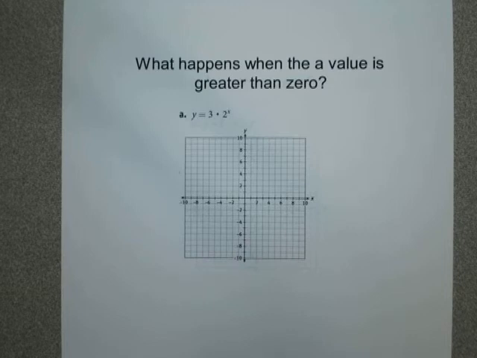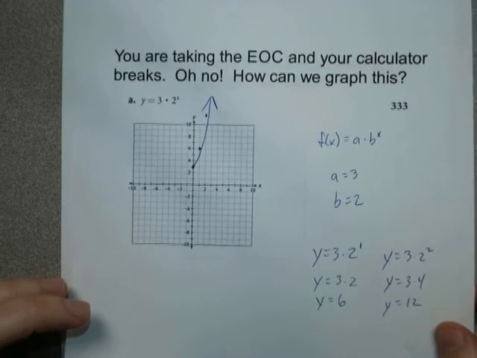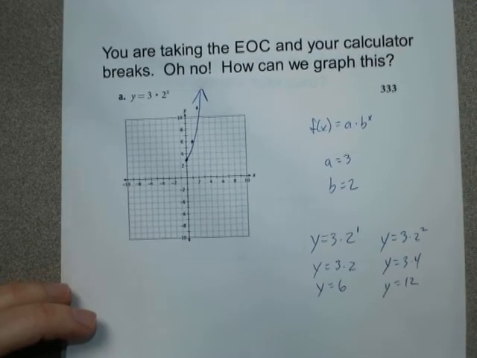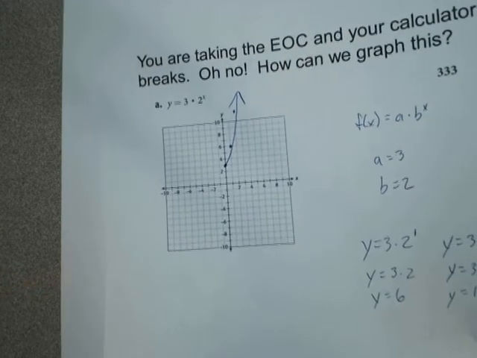If the a value is greater than 0, in this case 3, you can also look at part C. But if the a value is greater than 0, what happened? Well, we had a graph that went up. We had a graph that was getting larger, the values were getting larger.